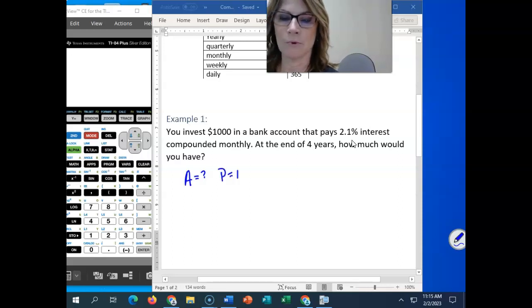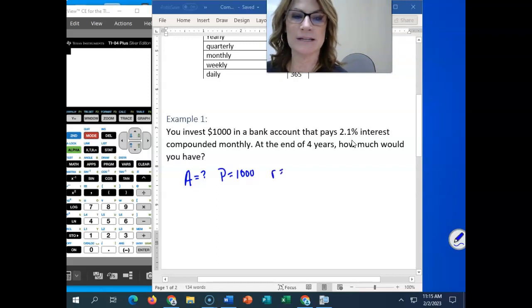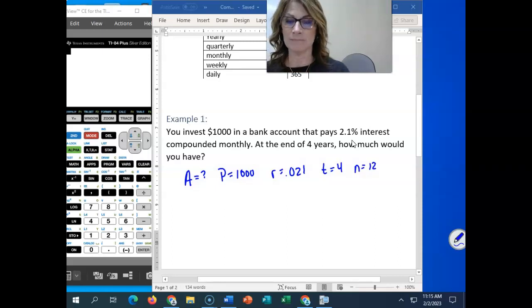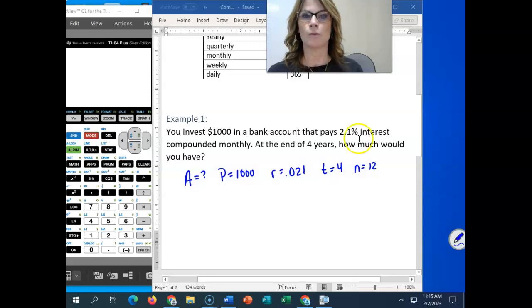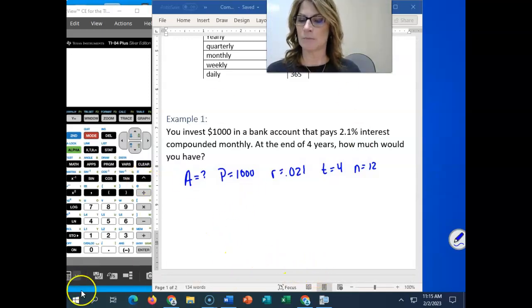We know our principal. We know our interest rate as a decimal. We know the number of years, and it's compounded monthly. Okay, so take just a minute, write that down, put it in the formula. You can stop the video for just a moment. I'll put it in my formula, and then get your calculator and we'll calculate this together.